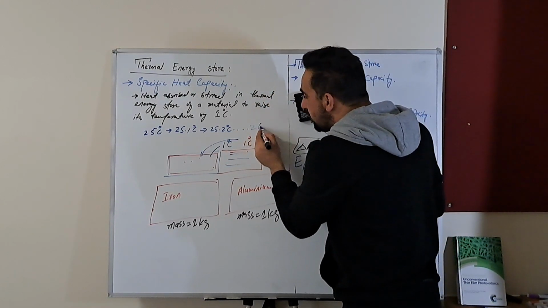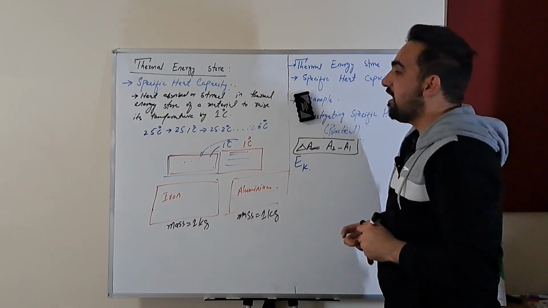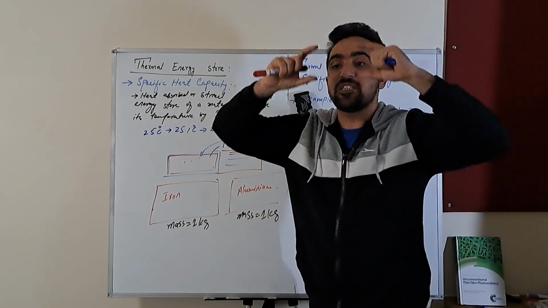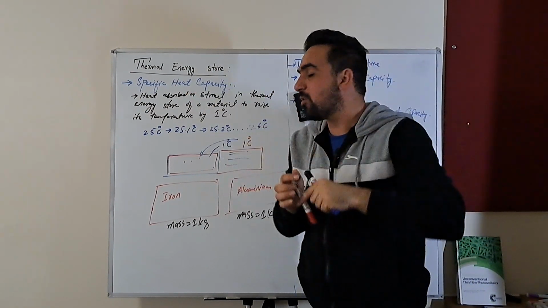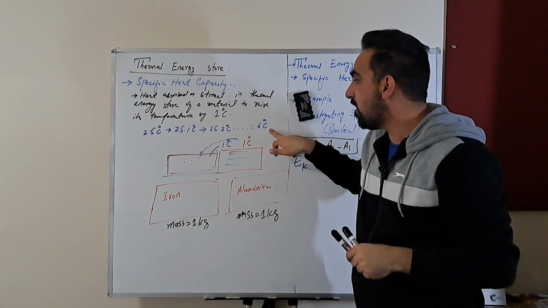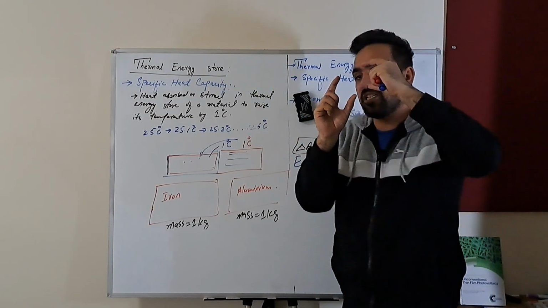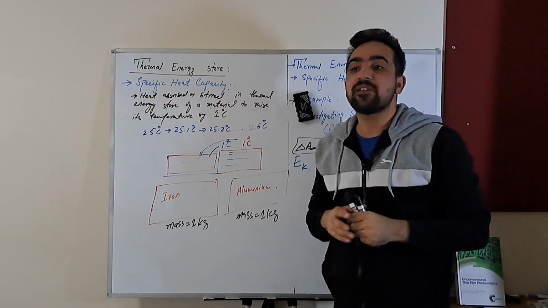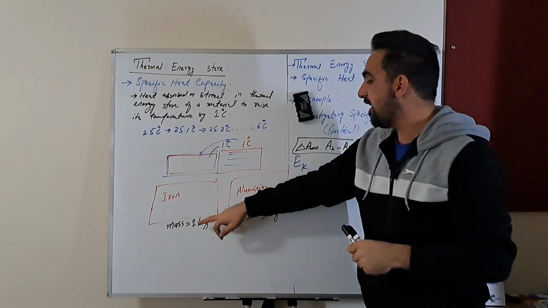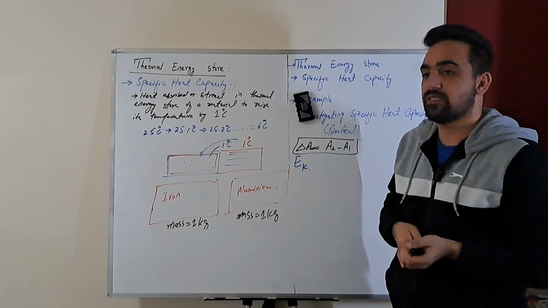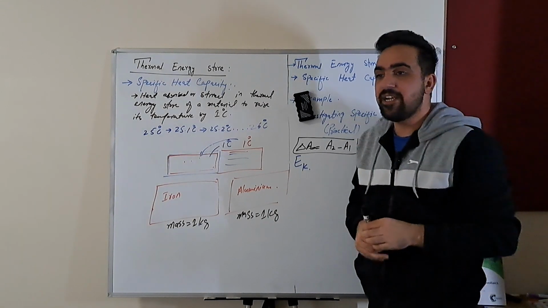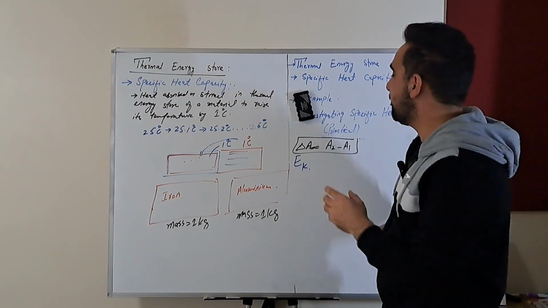When it reaches 26 degrees centigrade, I calculate how much heat I have provided to its thermal energy store. Once it reaches 26 degrees centigrade, that much heat will be its specific heat capacity if the mass of the object is 1 kilogram. So that's how we can define specific heat capacity.